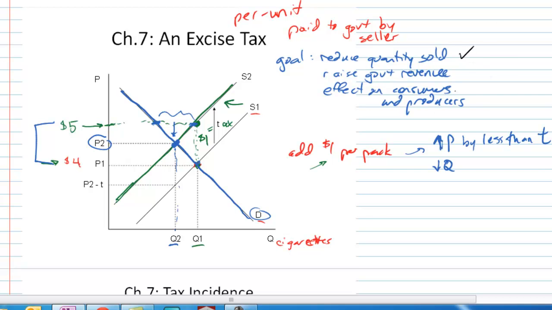Now let's get into the effect on consumers and producers. We've hinted at that already with the change in price. Let's look at it in terms of producer and consumer surplus. Okay, so the consumer surplus after the tax, let's do all this after the tax to keep our graph from getting too messy. We're going to go below the demand curve and above the new price.